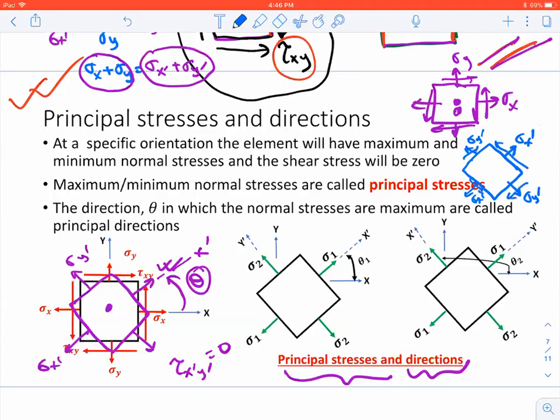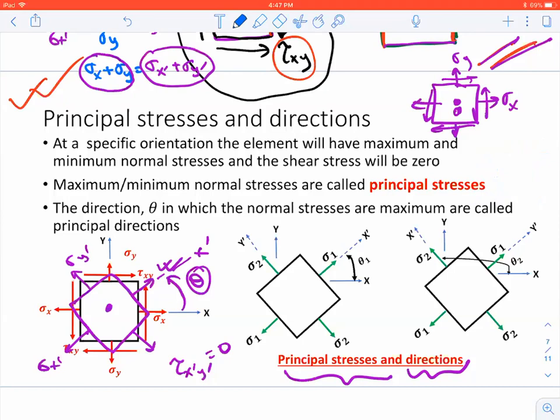But you're still looking at the stress at the location O, at an angle, say theta. So you're looking at the stress at a point from different angles. These stress elements, the squares that I draw, are very small.